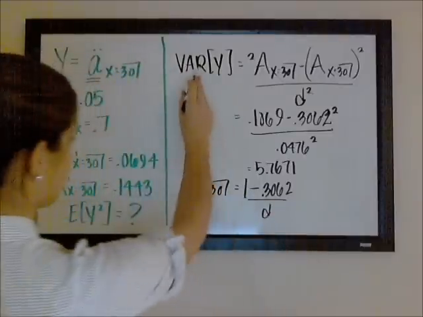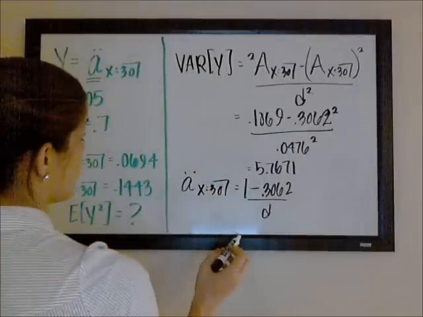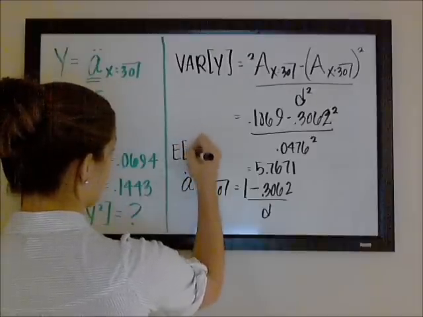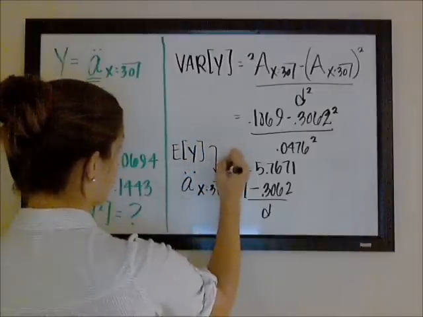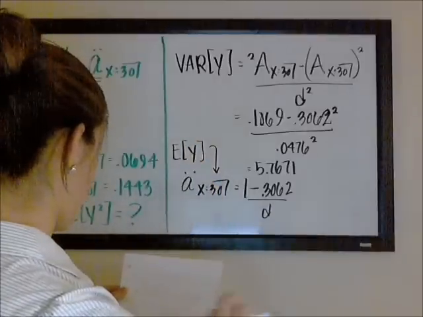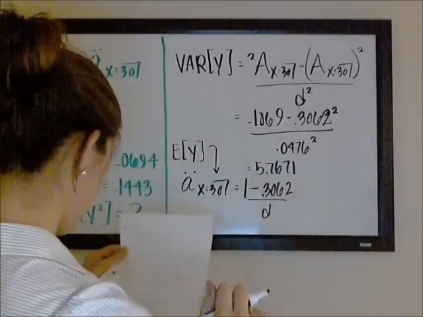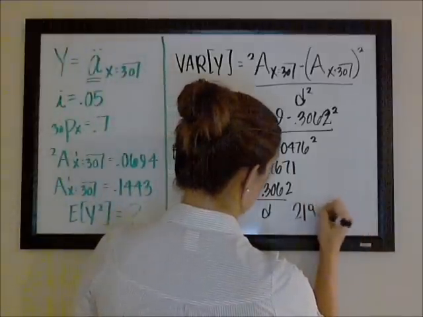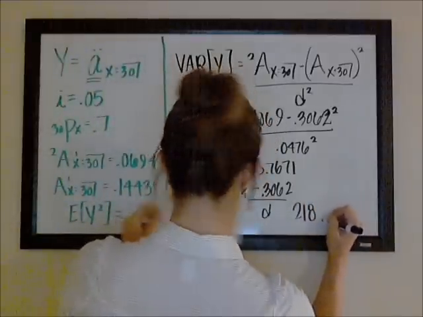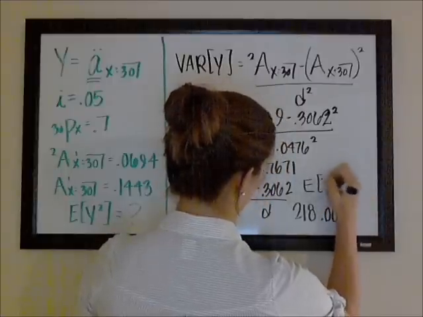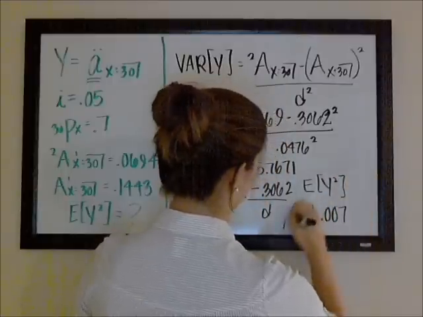When I added the variance to the expected value of Y, quantity squared, I got 218.007. This is your second moment, which is our answer.